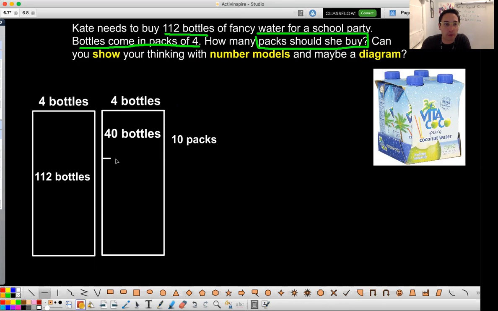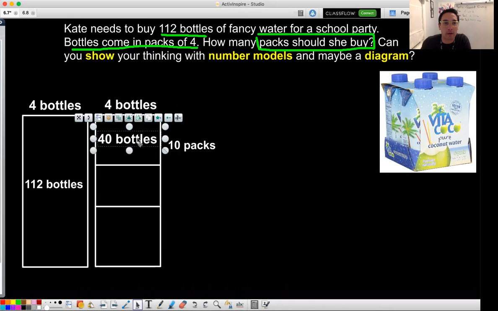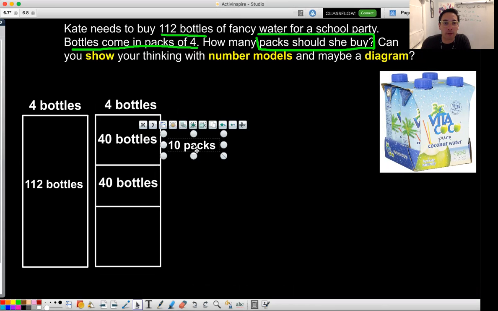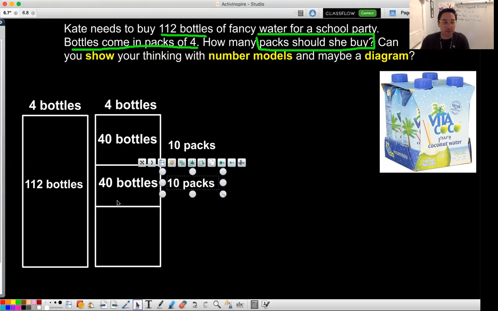So I have 40 bottles here in 10 packs, but I need to get to 112. So now I can do that again. I can say I have another 40 bottles. How did I get 40 more bottles? I had to get 10 more packs. So I'm at 80 bottles.